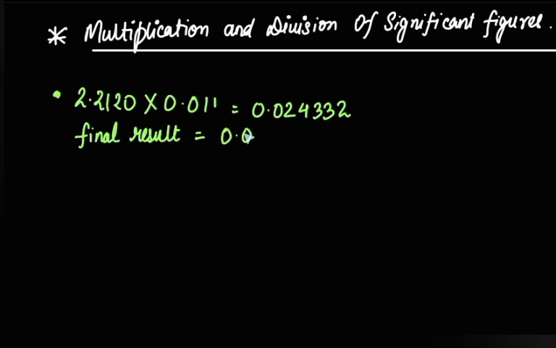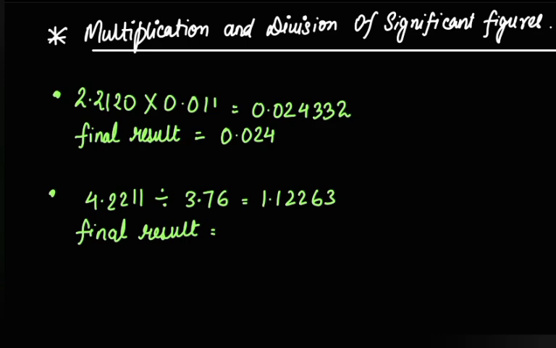Therefore, the final result would be 0.024. The same process applies in the case of division. Here 4.2211 divided by 3.76, the answer comes out to be 1.12263. Therefore, the final result would be 1.12.